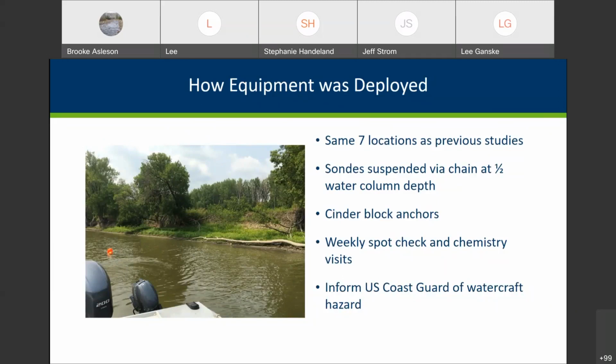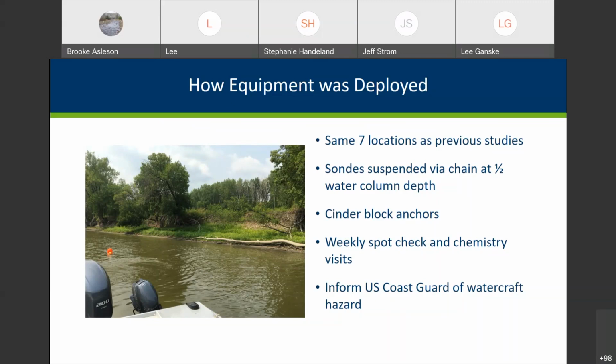So how we deployed this equipment, it's not flashy, right? We went out with buoys, chains, cinder blocks, pipe straps, and the name of the game was put enough weight on the bottom, suspend a chain or a rope that's not going to break due to wave activities or barge traffic coming down the river, and enough flotation that it doesn't sink, say if water levels were to come up quickly, and you could still find it.